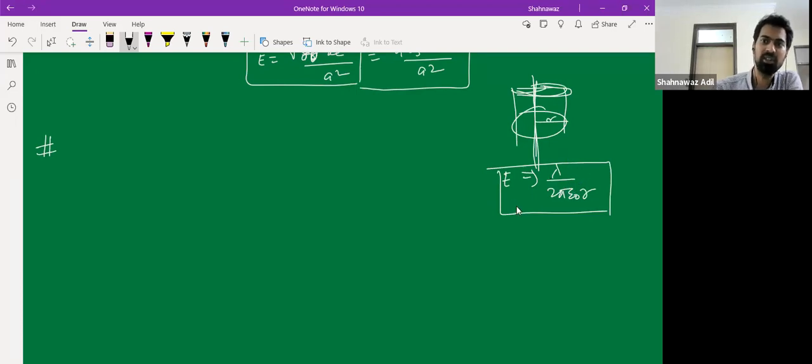We will learn this in the Gauss law. Now we have to calculate the electric field due to this finite line charge.